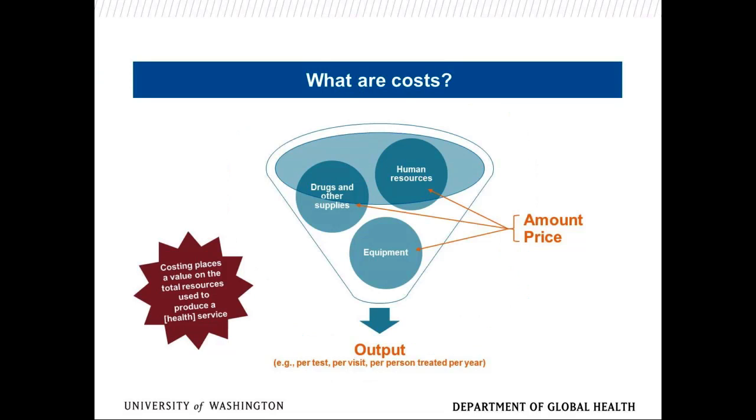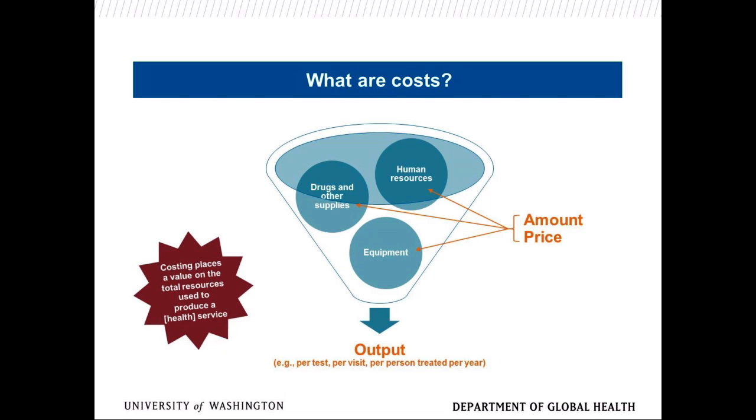So what do we mean by cost? Very simply, a cost is really just places a value on a total resource used to deliver a service or an intervention. And ideally, what economists really want, is that cost to be equal to a quantity of the input times the price of that input. And there's all kinds of challenges why that's not as easy to get as you might think.